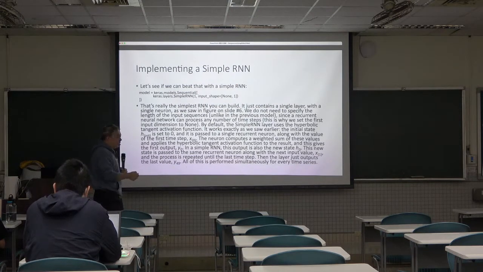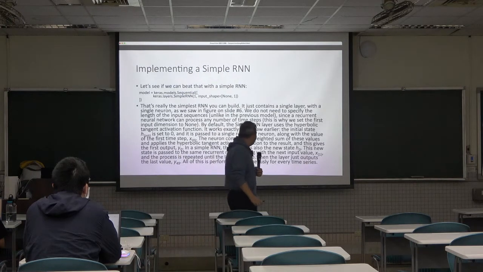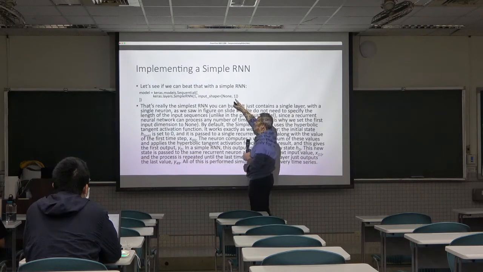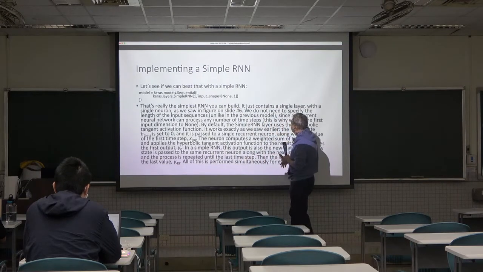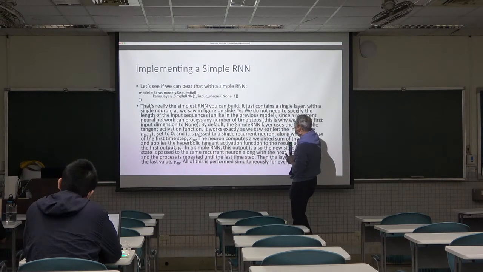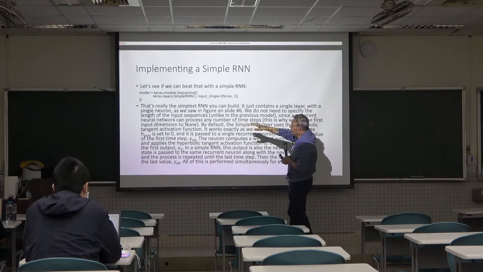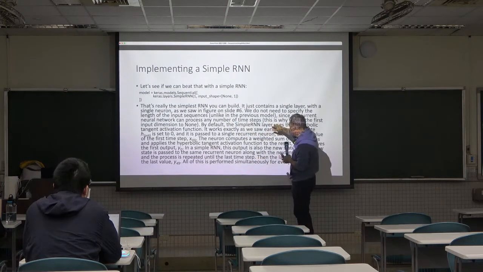None means it accepts any size of the input, and each input size is 1, because it's univariate. We do not need to specify the length of the input sequence, since a recurrent neural network can process any number of time steps.